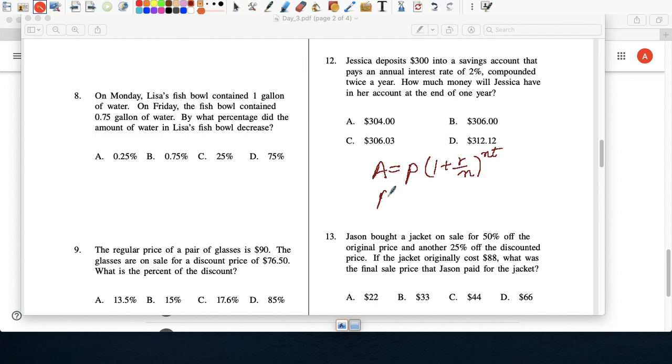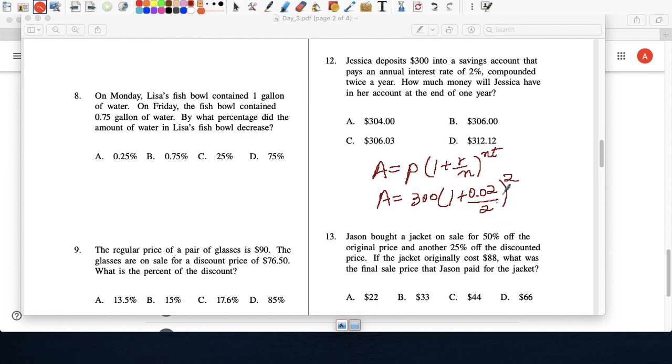So, at the end of 1 year, how much money is in your account, which is A? The principal is 300. 1 plus the interest rate is 0.02, compounded twice a year. And then this is 2 times 1, or just 2. That's what you should have had.